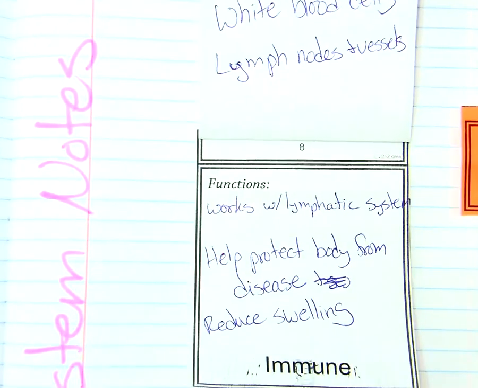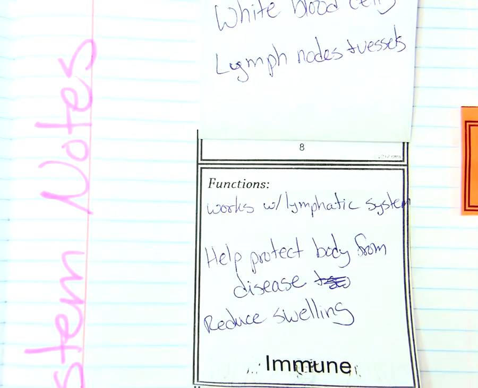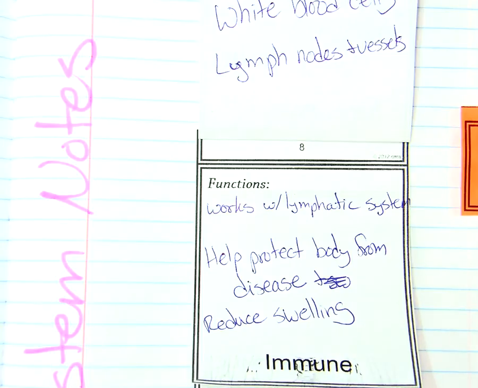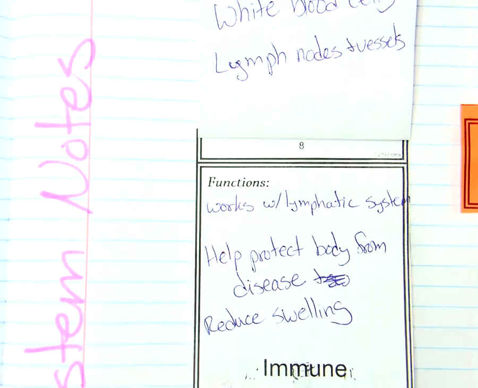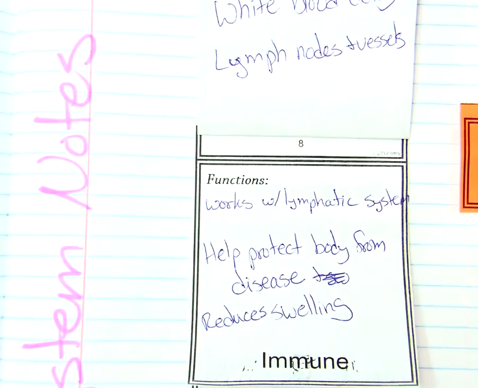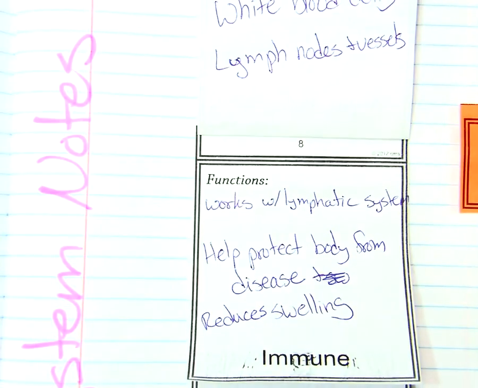When it's working with the lymphatic system, it does 2 things. It helps to protect your body from disease. And the immune system and lymphatic system reduce swelling in your body.